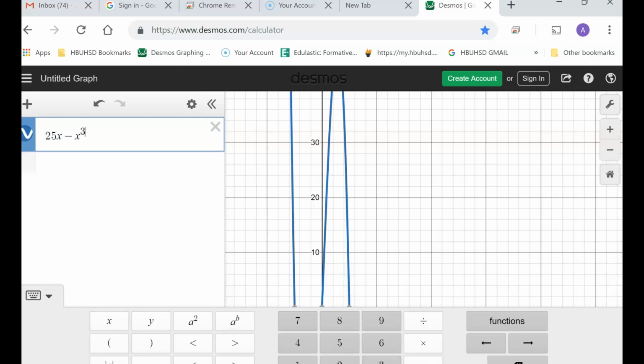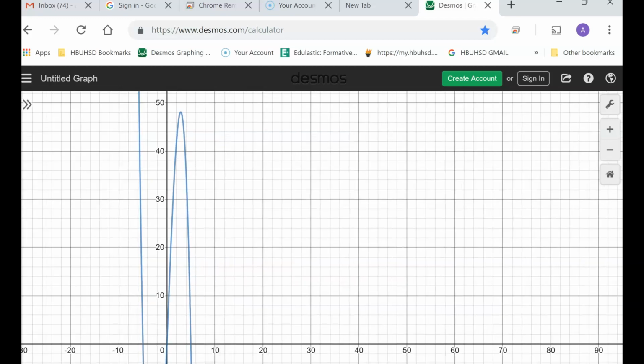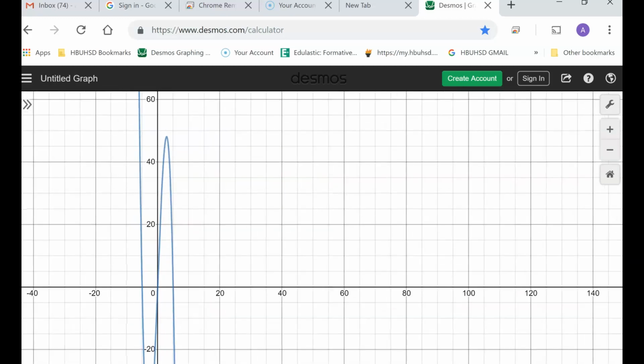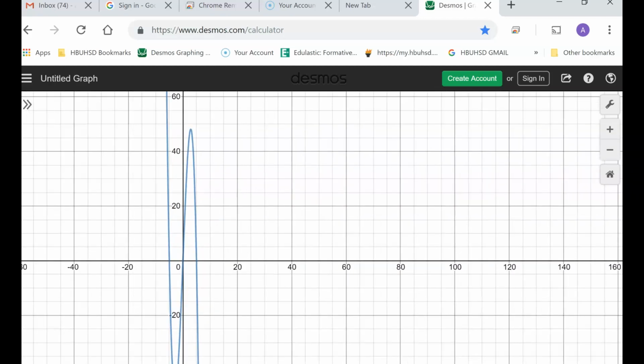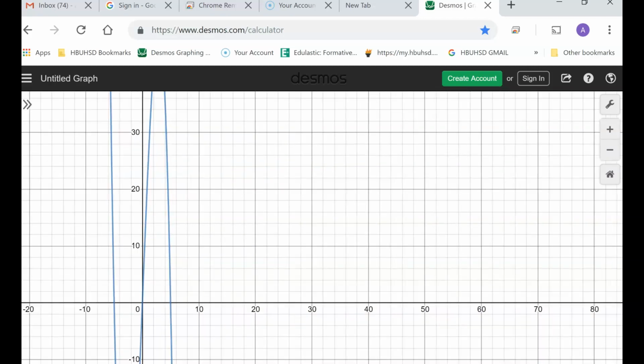Perfect. Now let's zoom in on the applicable portion of your graph. Not everything is applicable. This is a graph, and as you can see, it's a cubic, but it's an application. x represents the base, so you can't have anything negative on this graph. So you want to zoom in for x, anything that's bigger than 0.